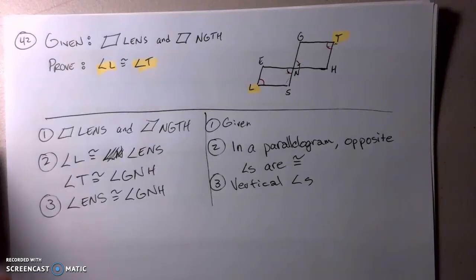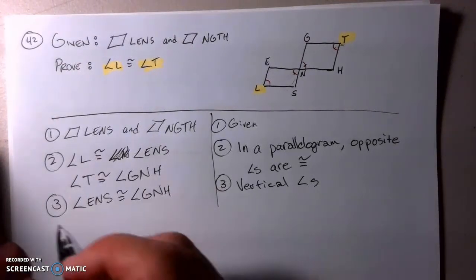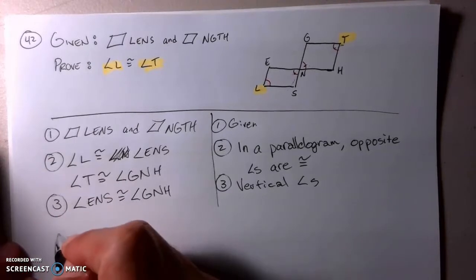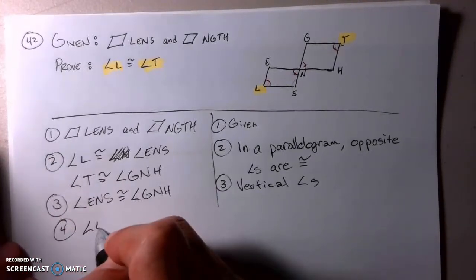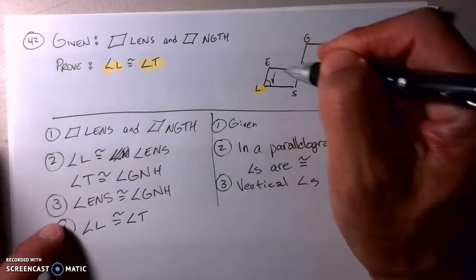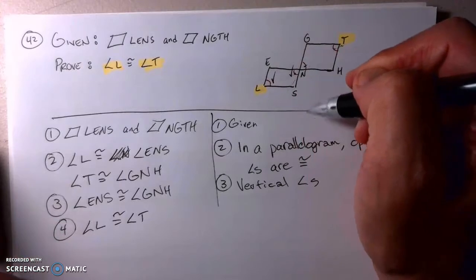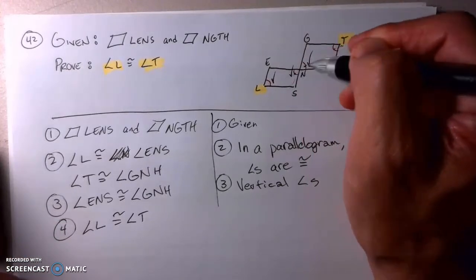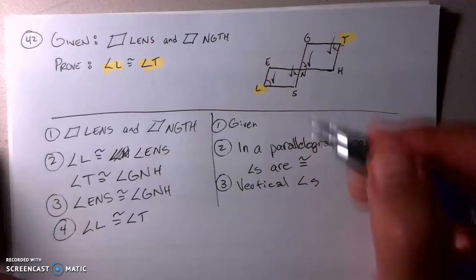And now we can kind of go, and it would be a lot of different scenarios. It might be like two substitutions in a row, but we can now basically say angle L is equal to angle T, because I've got this angle equal to this because opposite angles of a parallelogram are equal. Then I can substitute with that, which is a vertical angle, and those are equal because opposite angles of a parallelogram are equal.